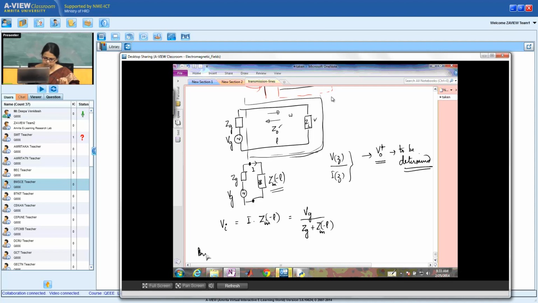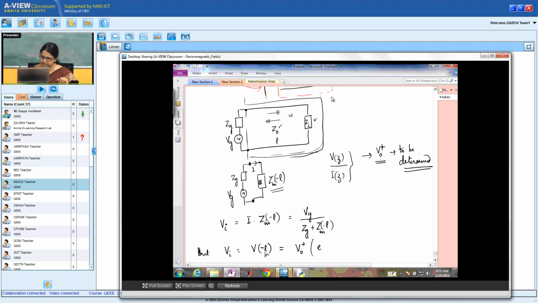But I know that Vi, which is the voltage here, is nothing but the voltage at the position minus L. Remember, this point is the voltage at the position minus L, and so this is V0 plus e power minus j beta z.